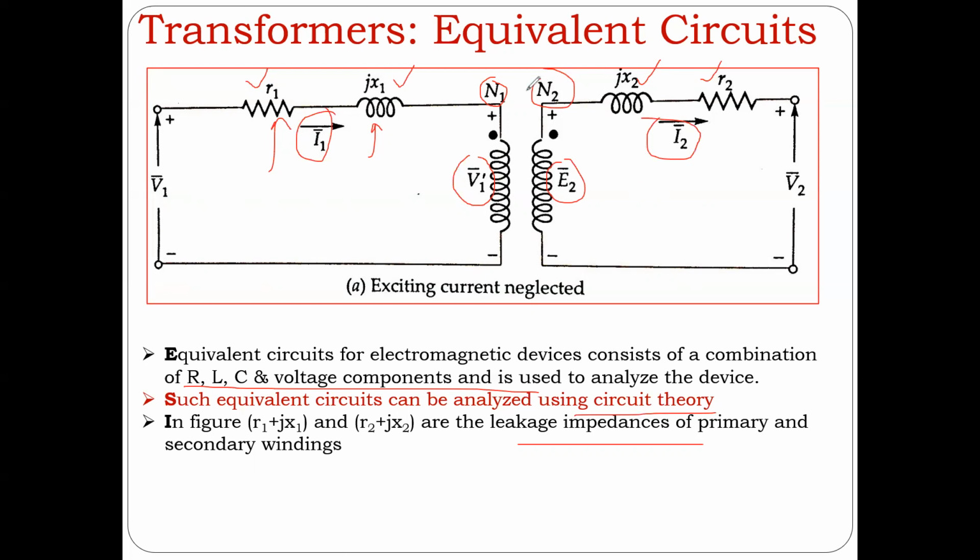So this is an example of an equivalent circuit, but this is not the correct one. For the current one, what we normally do is we don't show these things. Let me go to the next slide and then show it.